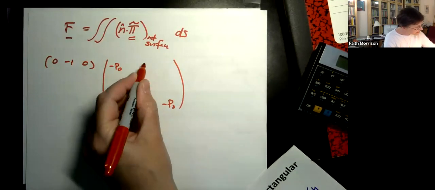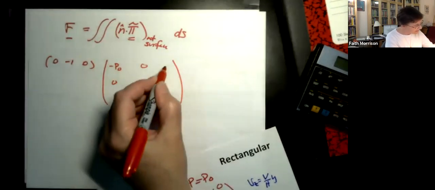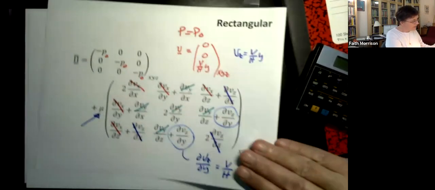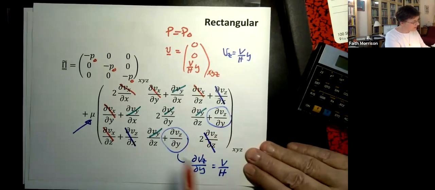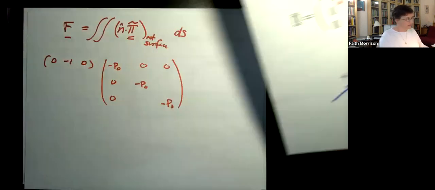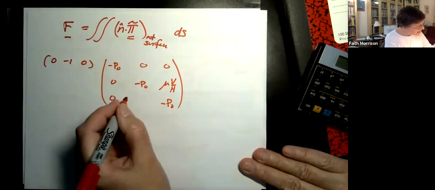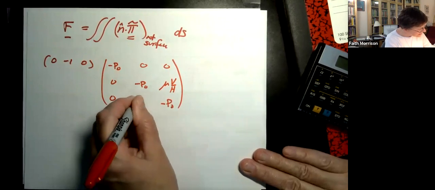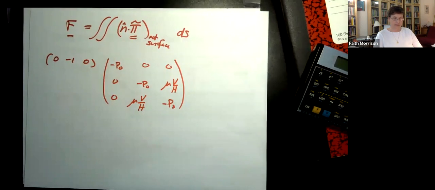So these are 0. This one is the 0, and so is that one. And the only ones that are non-zero are these two terms here, which are just equal to mu V over h. V is the velocity that the upper plate is being pulled at.